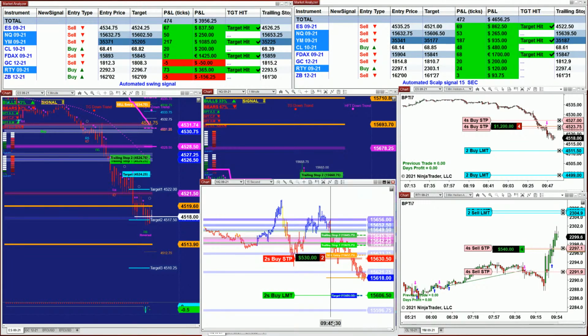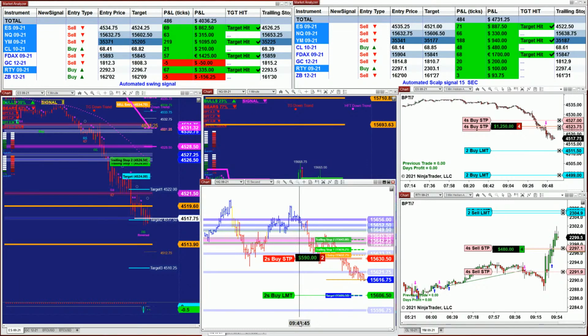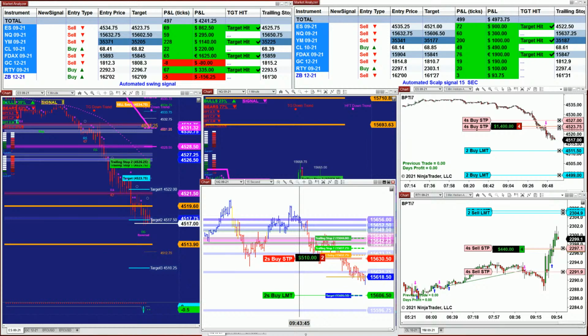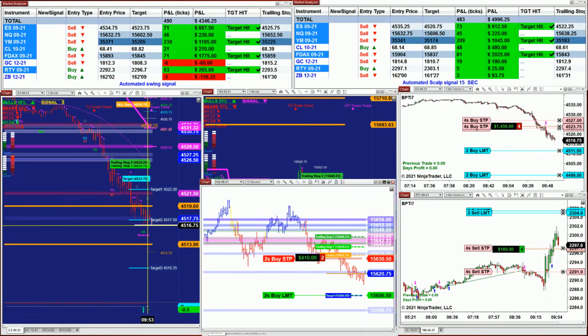However, with this system, if the market is trending, it will extend the target by itself automatically, and everything is looking good. But for the ES trade, if we look at the chart, the market has been dropping very nicely, and it's about to be done. It's about to be over.